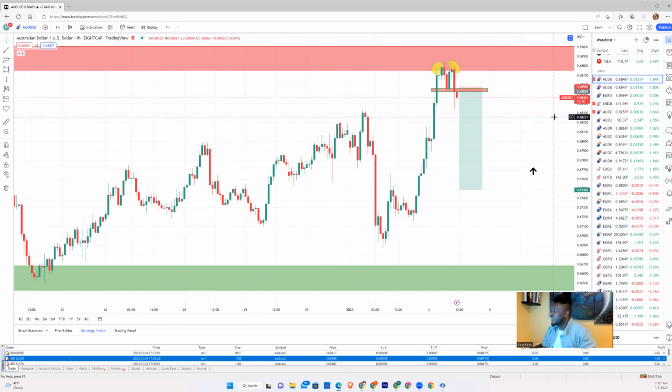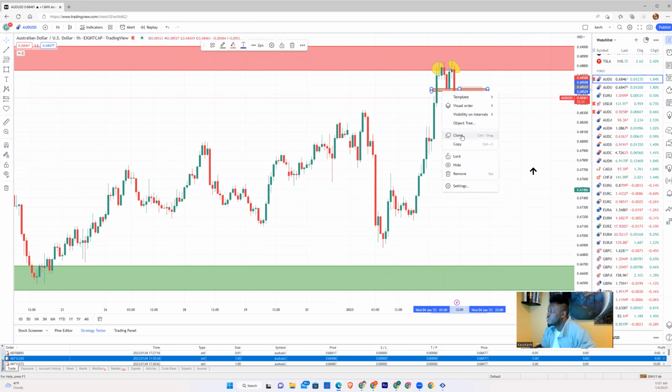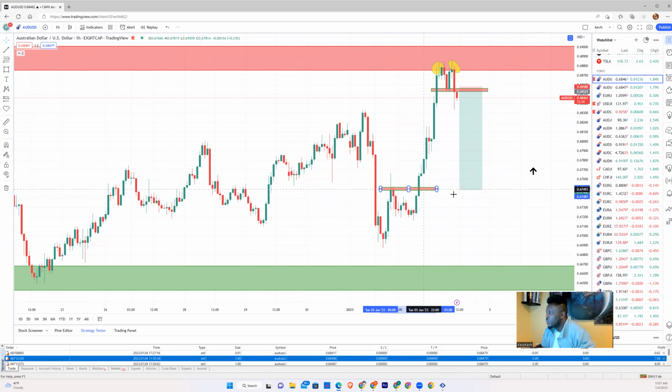I'm pretty much using quarter theory for my take profits and stop loss, but at the same time, I'm also using the support levels, because you can see down here, this is a good, let's clone this, let's bring it down here so that you can see what I'm talking about.